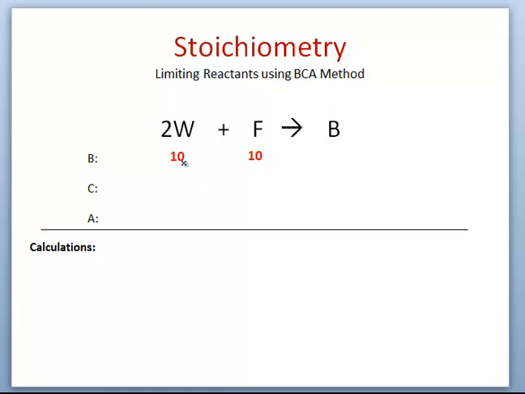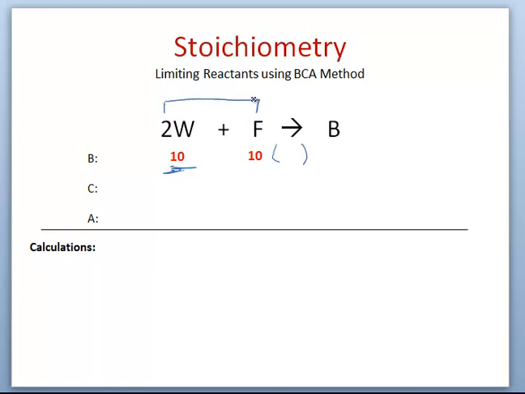Step 1. Look at the amount that you're given of the first compound. All right, we have 10 wheels in this case, and you ask yourself, okay, if I'm given 10 wheels, then how many frames would I need to completely use up those 10 wheels? Okay, and to do that, you need to look at the ratio between those 2 reactants.